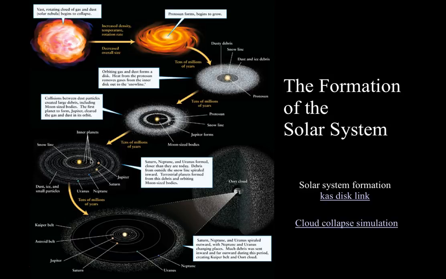Let's continue. The formation of the solar system basically can be described in one chart. It's pretty simple. We have a big gas cloud, and somehow it collapses. Now, the somehow is basically a supernova comes by and smacks it.